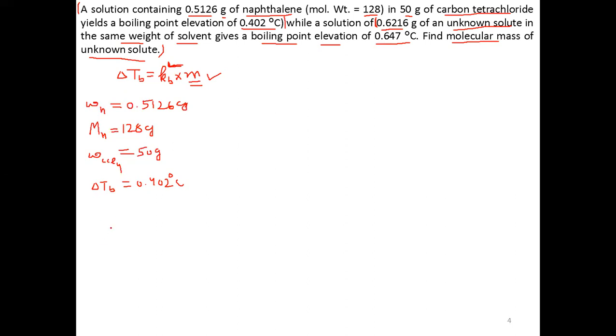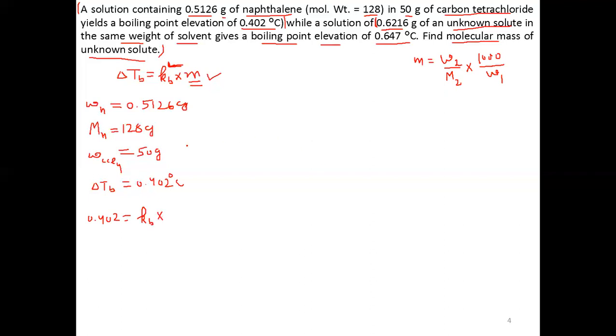Now we have to apply these values in this formula to calculate the value of Kb. So what is the formula for molality? I will write it here once again for your reference. It is weight of solute divided by its molecular weight, W2 divided by M2, into 1000 divided by weight of solvent in grams. So let us apply here. Delta TB is given, 0.402, is equal to Kb into molality.